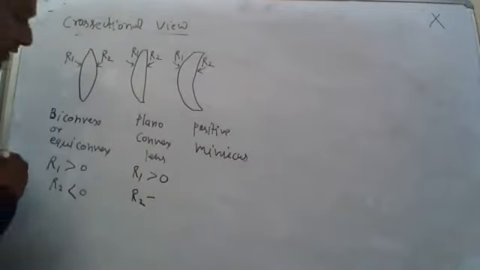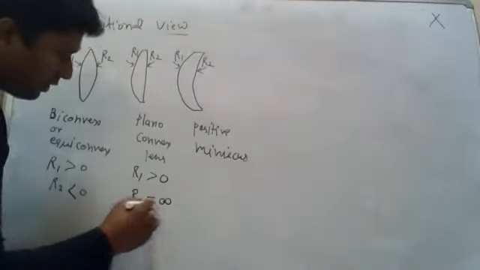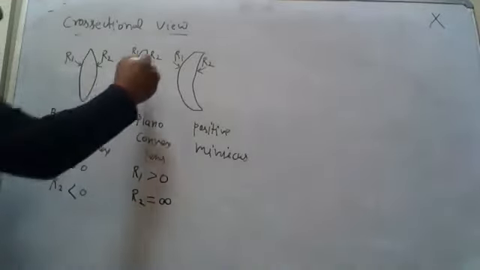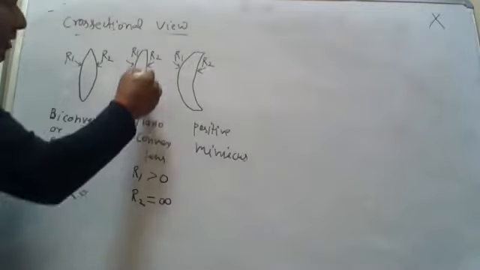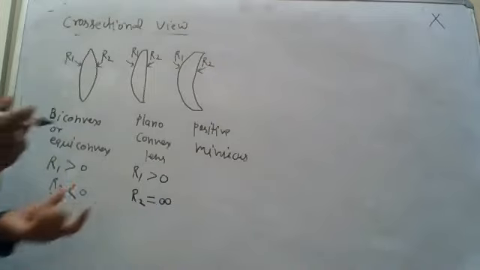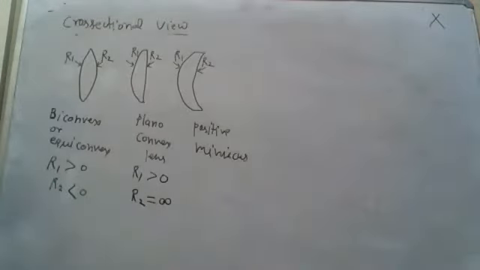Why is it infinity? Sir, plane surface. Here R2 has a radius of curvature of infinity because this is a plane surface. A plane mirror will focus the image at infinity, and of course it's a plane, so the radius of curvature will also lie at infinity.